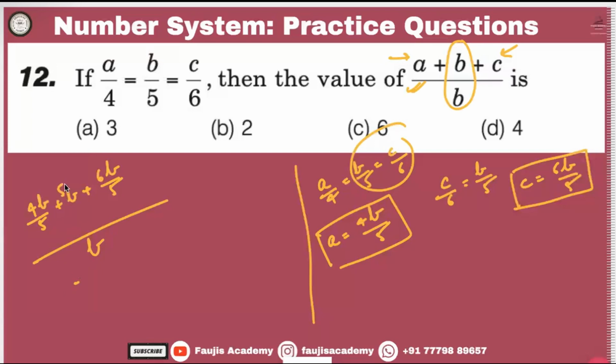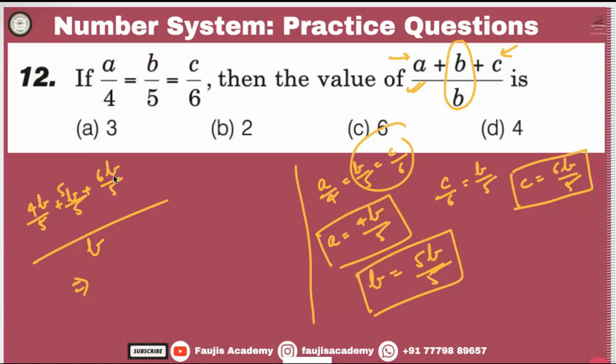If over here it is b, can we write it like 5b by 5 for our ease of calculation? Either we write b or 5b by 5, it all means the same, right? This will help you in your calculations. Why did I write like that?